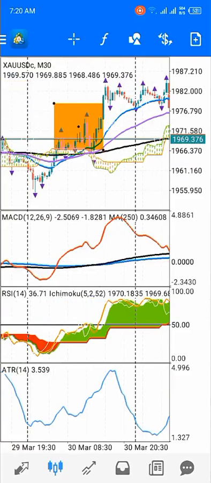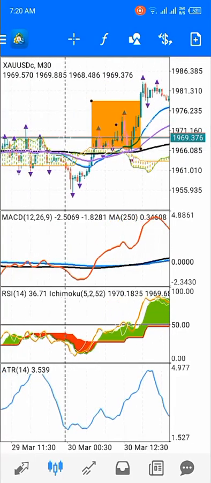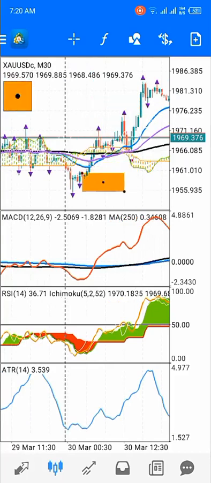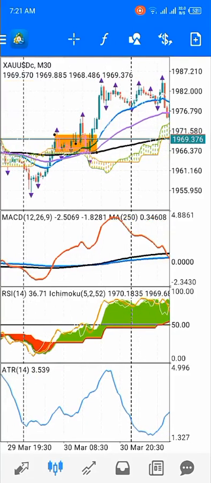For instance, on the main chart, you see price breaking above all indicators. I'm talking about the Ichimoku and the moving averages.